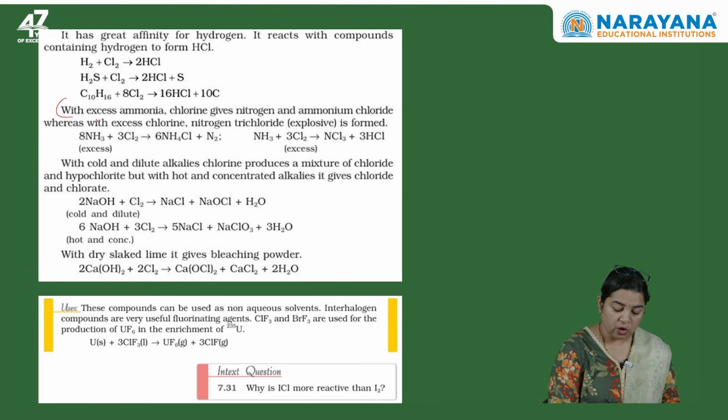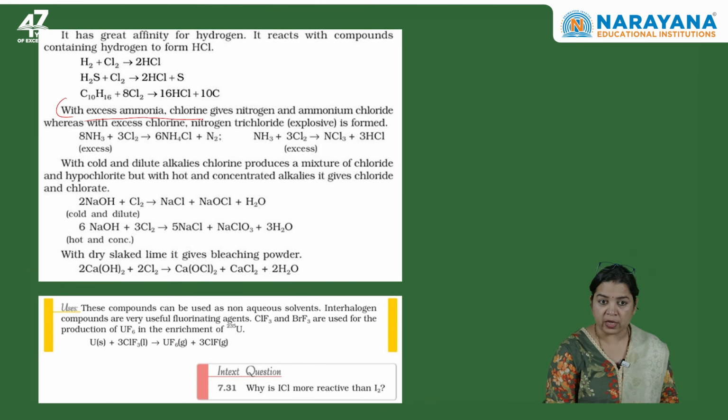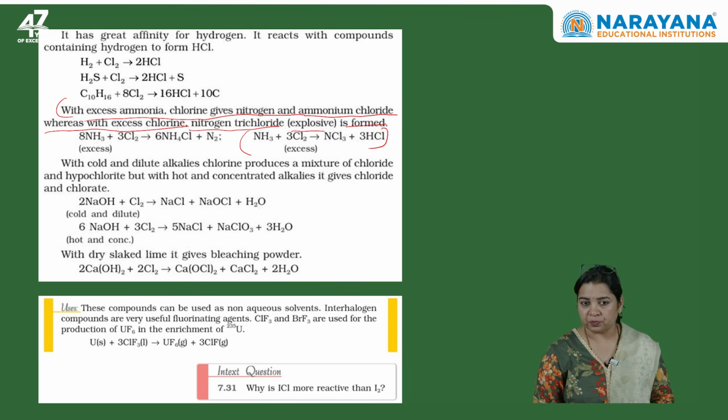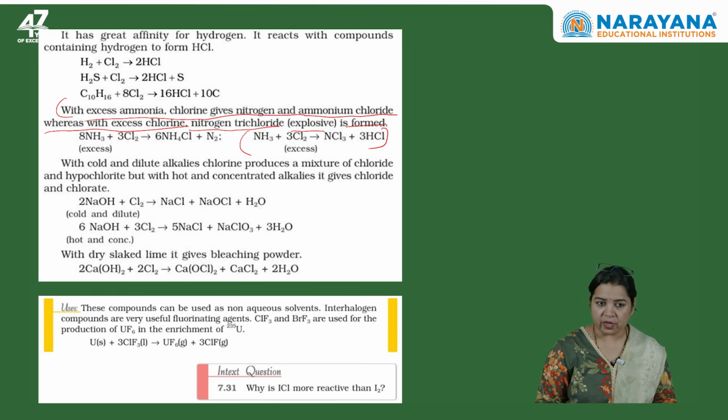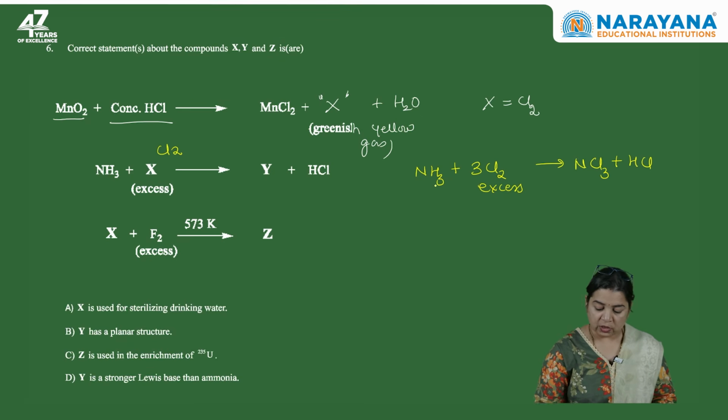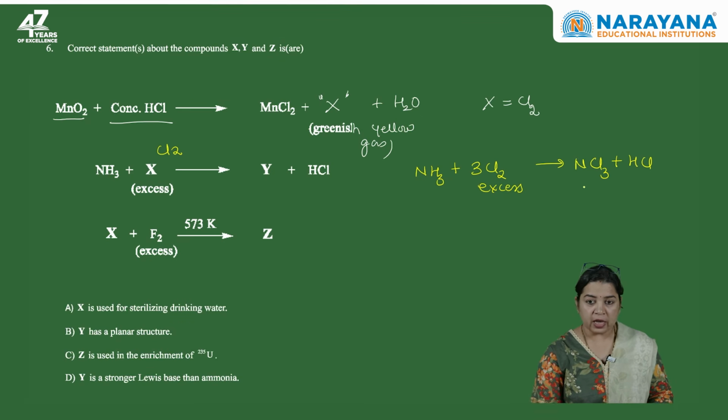With excess ammonia, chlorine gives nitrogen and ammonium chloride, whereas with excess chlorine, nitrogen trichloride, which is an explosive, is formed. So this reaction is used by JEE for this question: ammonia plus excess chlorine forming NCl3. So coming back to our question, it was ammonia plus excess chlorine, giving NCl3.